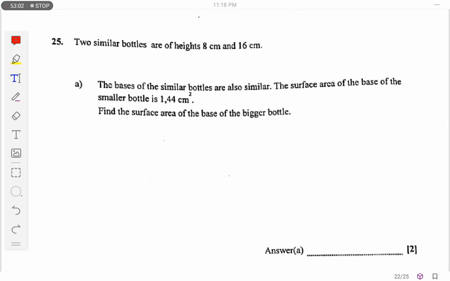Two similar bottles are of height 8 centimeters and 16 centimeters. The bases of the similar bottles are also similar. The surface area of the base of the smaller bottle is 1.44 centimeters squared. Then we want to find it for the bigger. So we are going to use the ratios. For these bottles, we can say 8 to 16, which is 1:2.